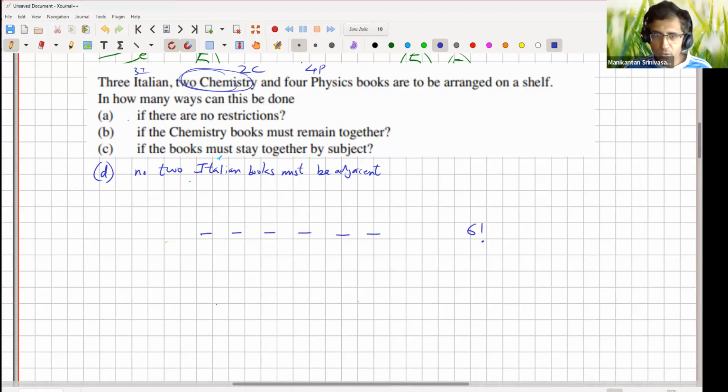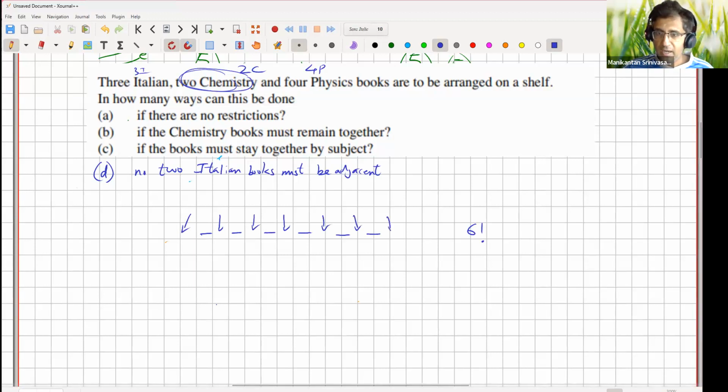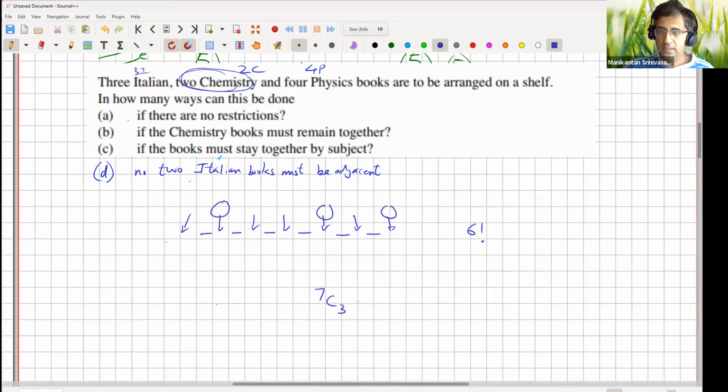Now, there are 7 gaps where we want to pick where the Italian book should go. We'll choose 3 of those gaps. Let's say it could be this, it could be this, and this.